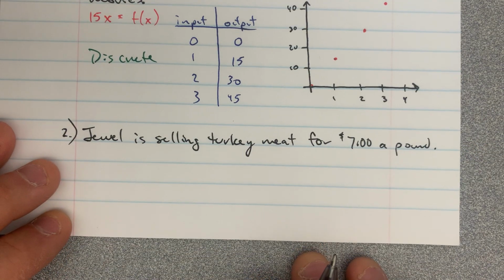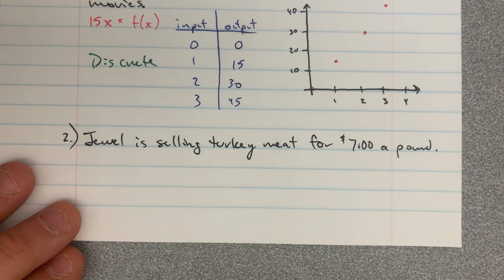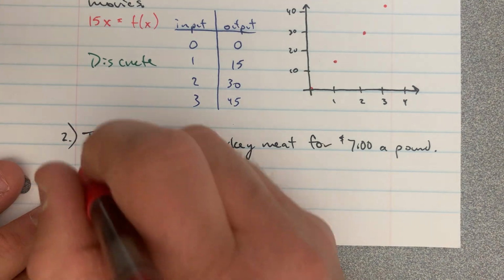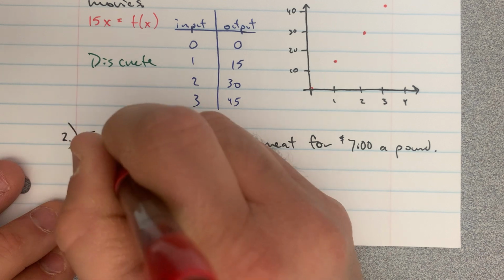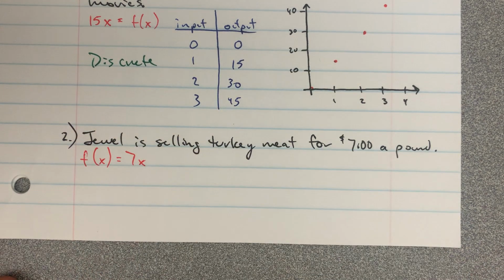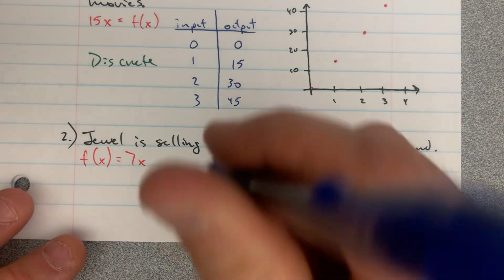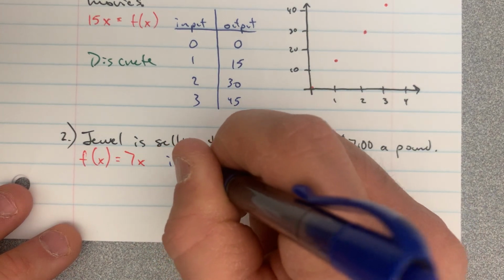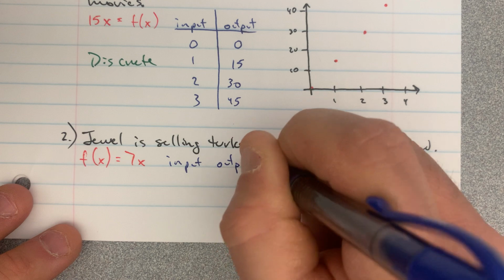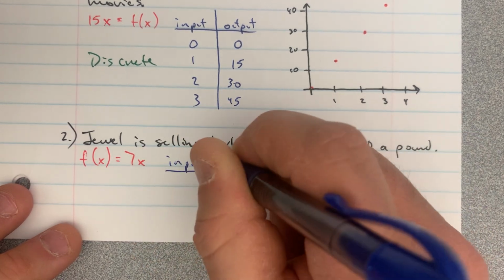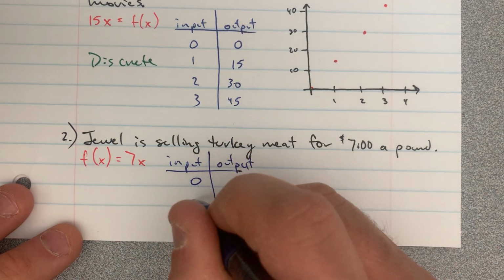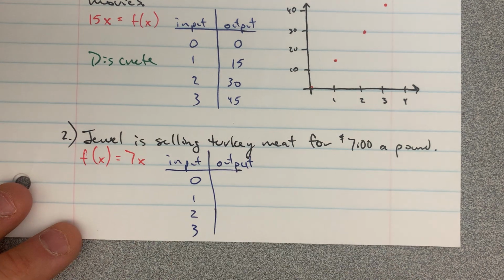All right, I can take this information and write it as a function. f of x equals 7x, $7 a pound. Let's make it an input-output table. Again, I'm buying turkey meat by pounds. I can't have negative pounds, so I'll just start at 0, 1, 2, and let's go 3 again.